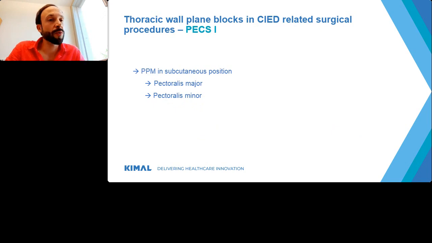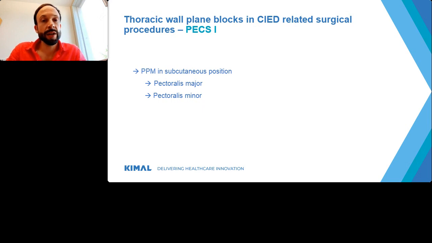Talking about thoracic wall blocks and the Pectoralis 1 block, this is very good for primary pacemaker implants or handling or box exchanges in PPMs in subcutaneous position. The structures we're addressing are the pectoralis major and the pectoralis minor, and we're addressing the fascia in between those muscles.